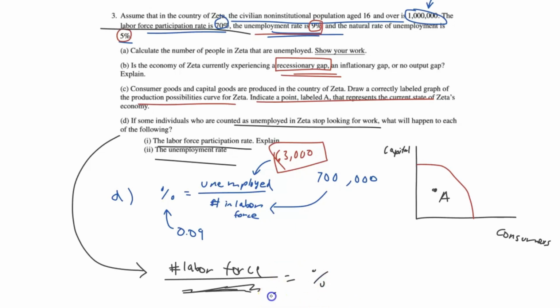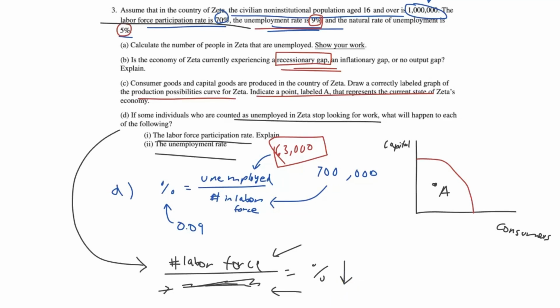And so this number down here doesn't change. But we know this number right here decreases because people who are unemployed are still a part of the labor force because they're looking for work. But when they become discouraged, they are no longer a part of our labor force. And so, because our denominator stays the same and our numerator decreases, our labor force participation rate must decrease.